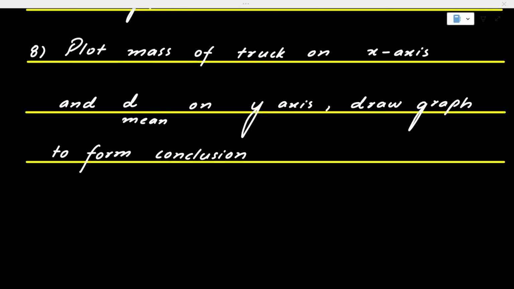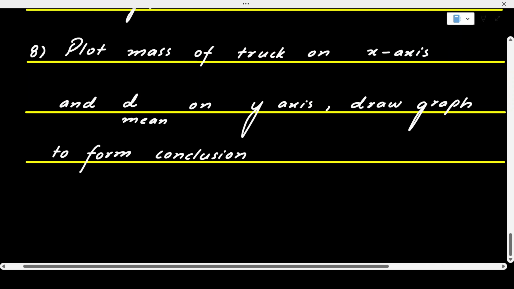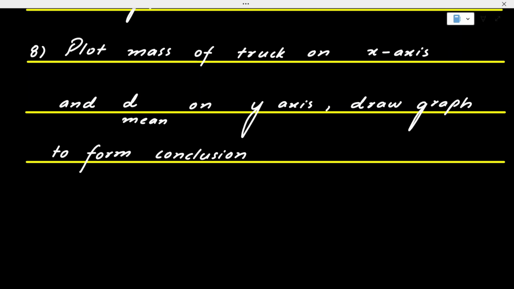We don't need to answer that. For example, the conclusion could be, if we get a straight line, it means the more the mass, the more the distance. But we don't need to answer this. What kind of shape are we expecting? We don't know. We don't care. We simply write this one. It is a common pointer you can write for all the practicals that draw a graph and form a conclusion.